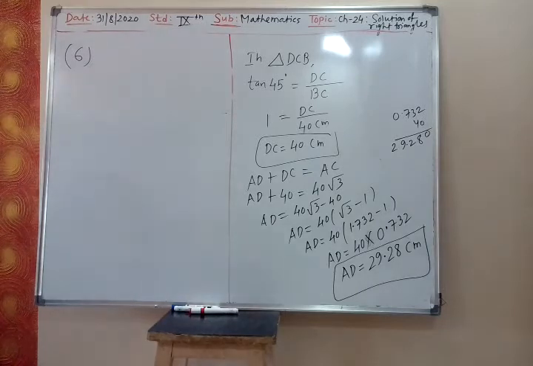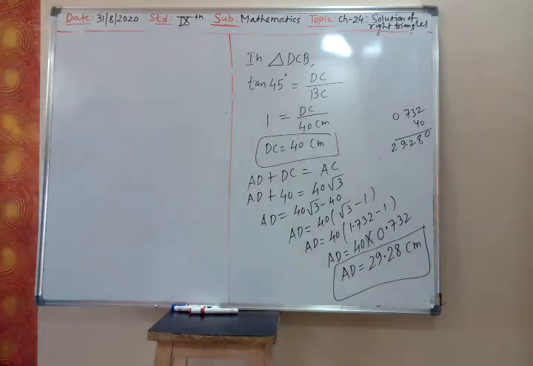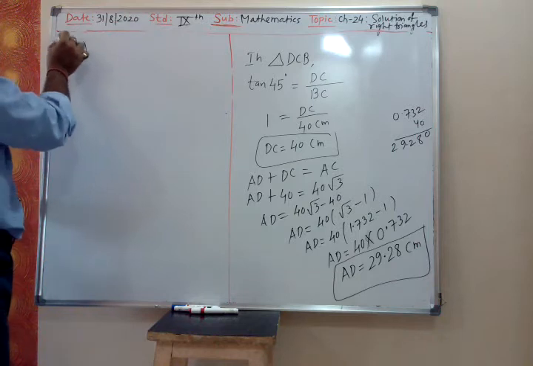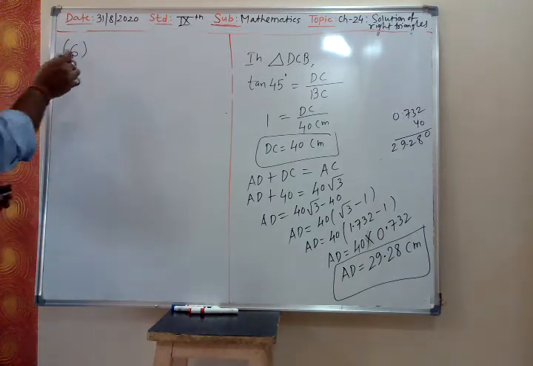Just tell me. See, in this chapter, let me do the sixth one. Chalo. Sixth one is slightly different. We are given a rhombus.